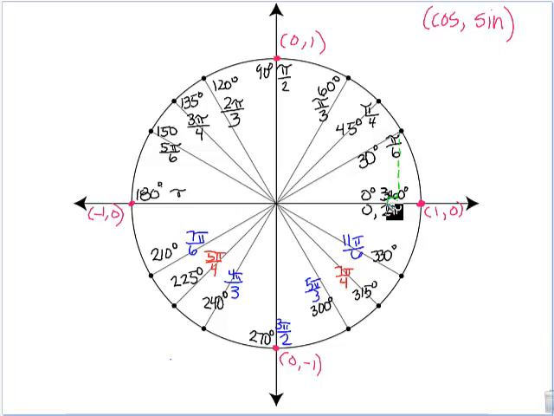If we can figure out this bottom length, that would be your x-coordinate, because that's how far over to the right you had to go. Then if we can figure out this other length, that would be your y-coordinate. So that tells you what your cosine value and sine value should be.